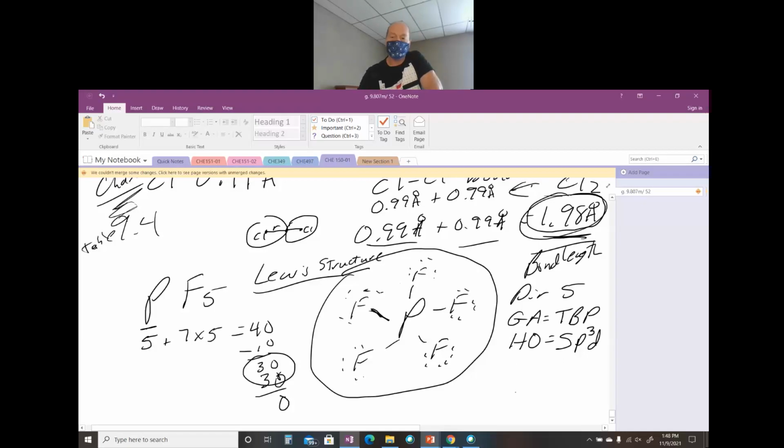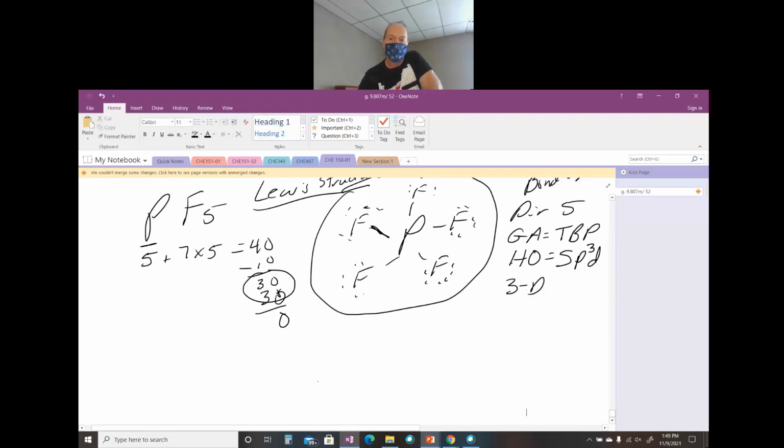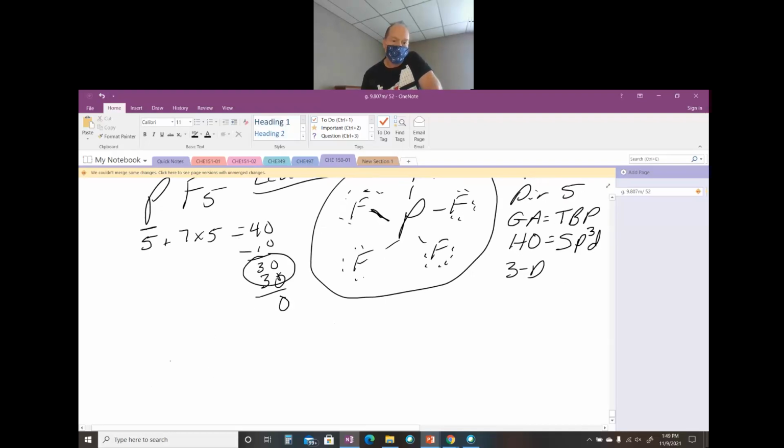All right, now since all of our directions were bonding directions, then our molecular geometry, well, next is 3 dimensions. So now you have to be able to draw a trigonal bipyramidal in 3 dimensions. All right, and so you have to know that you're going to have your axial positions up and down, and then you're going to have your equatorial positions, where that's going back, that's coming out, and that one is in the plane.